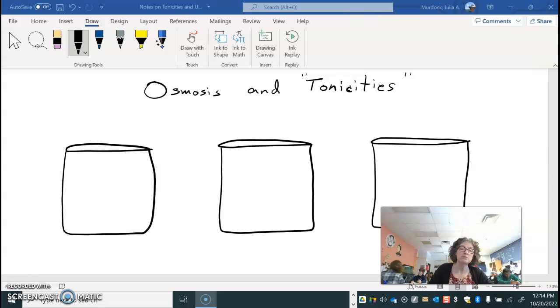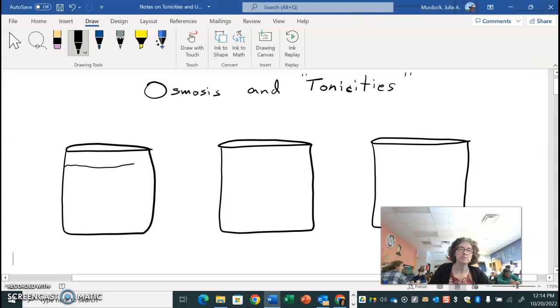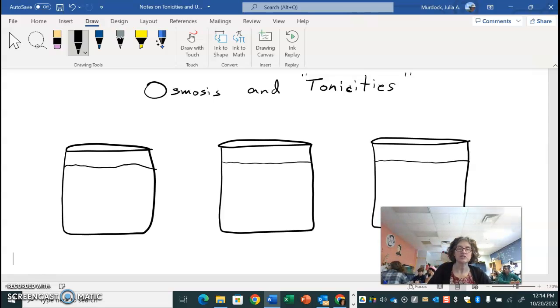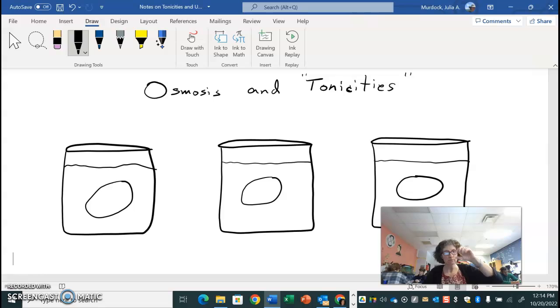So let's say we have 3 beakers, and the 3 beakers each have some water in them. And they also have, let's say, a giant red blood cell, nice and big so we can really see that there is a difference between the water outside the cell and the water inside the cell.